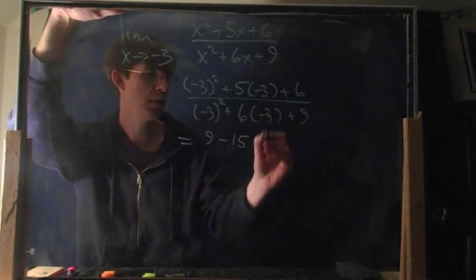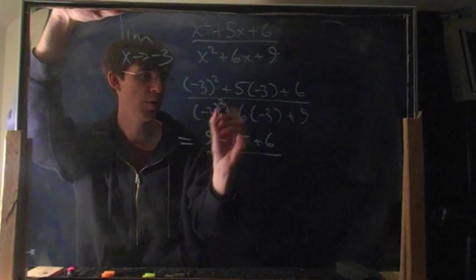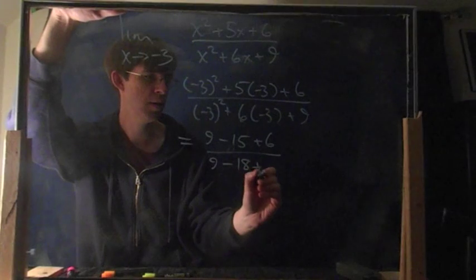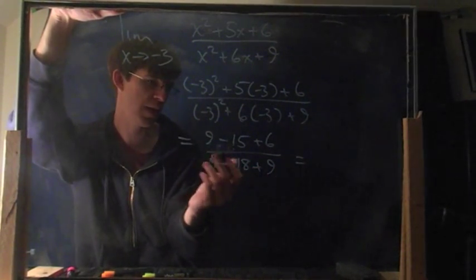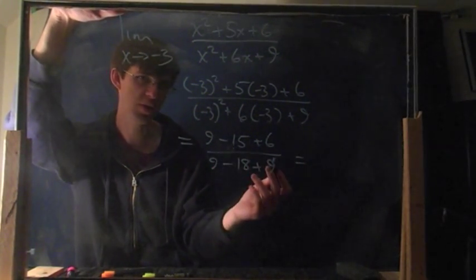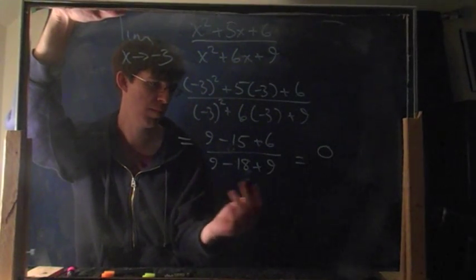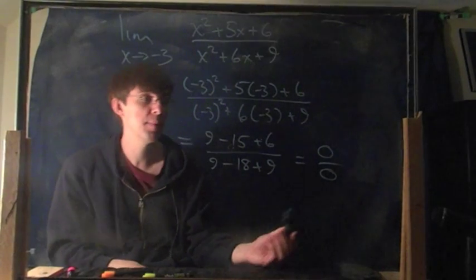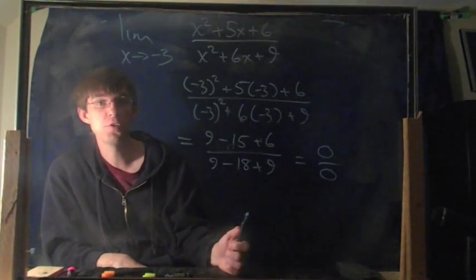So it's 9 minus 15, and then plus 6 over, here's another 9, here's a -18, here's a 9 plus 9. What do you get? On top, 9 minus 15 plus 6. That's actually 0. And on bottom, oh, are you shocked? 0 again. 0 over 0. That means I got to go back and do some more work.